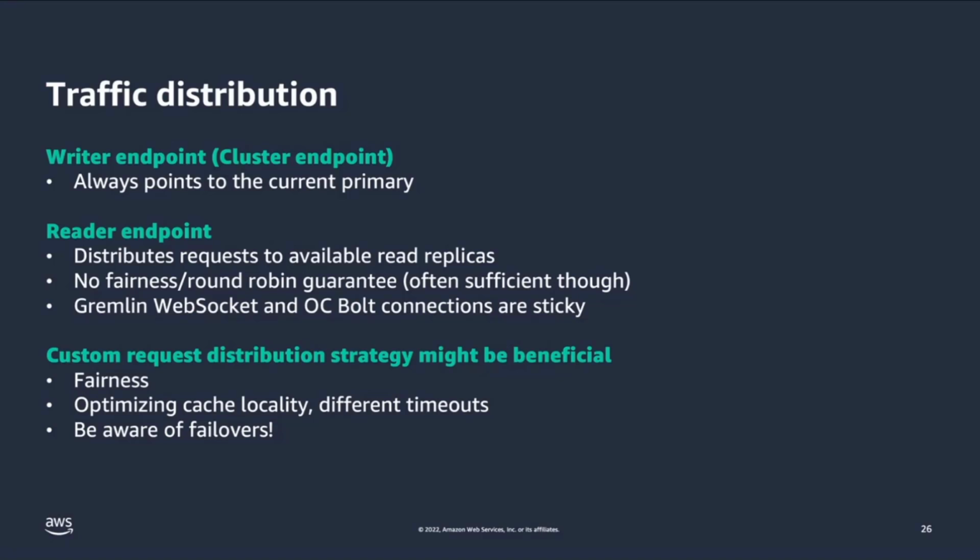Customers also can build custom request distribution strategies. We've had customers that have built them around fairness or to optimize cache locality. These have to be done at the application level if you want to build these sorts of custom distribution strategies. And you also need to be aware of potential failover scenarios and how you are going to handle that.